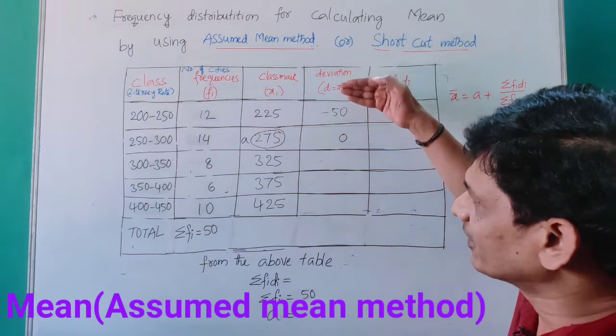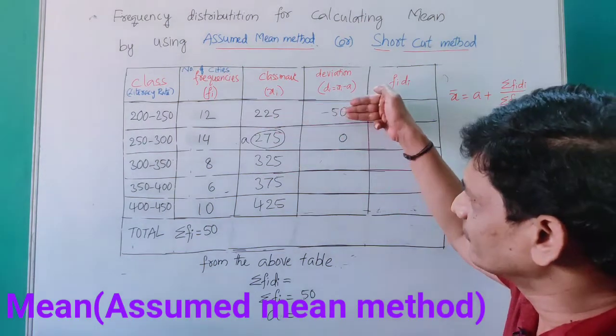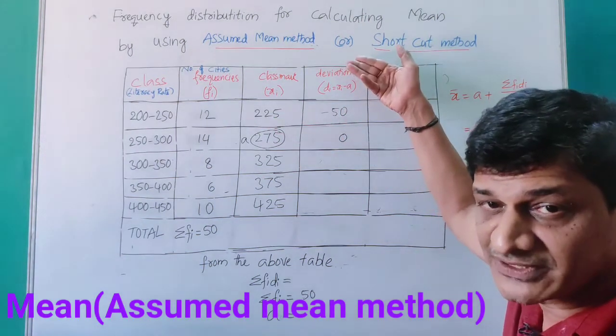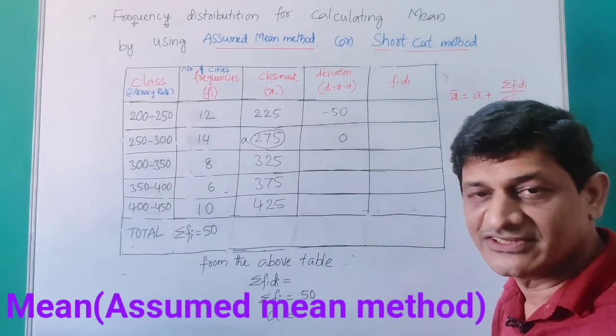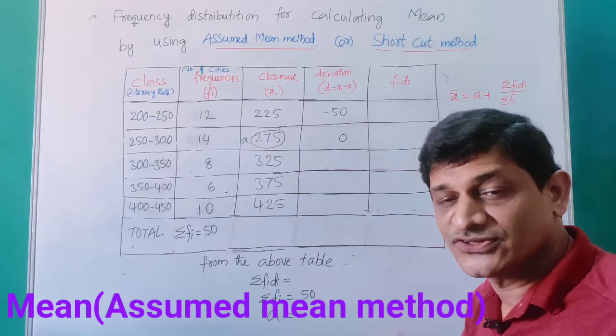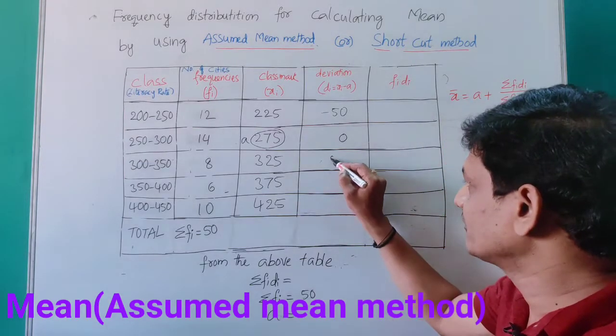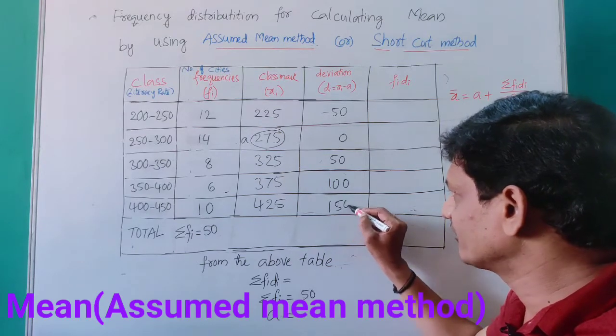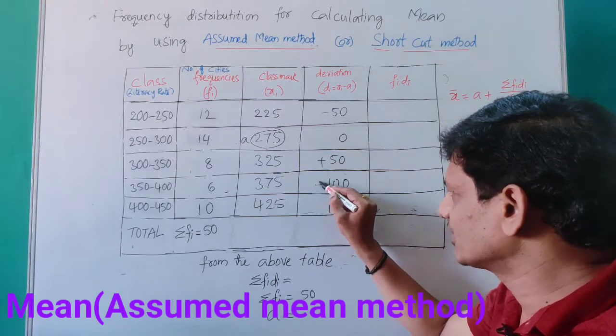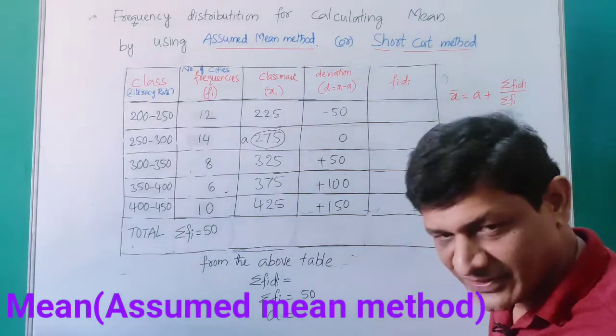Upwards, write negative multiples of 50, and coming downwards, write positive multiples of 50, that is plus 50, plus 100, plus 150. 50 ones are 50, 50 twos are 100, 50 threes are 150.